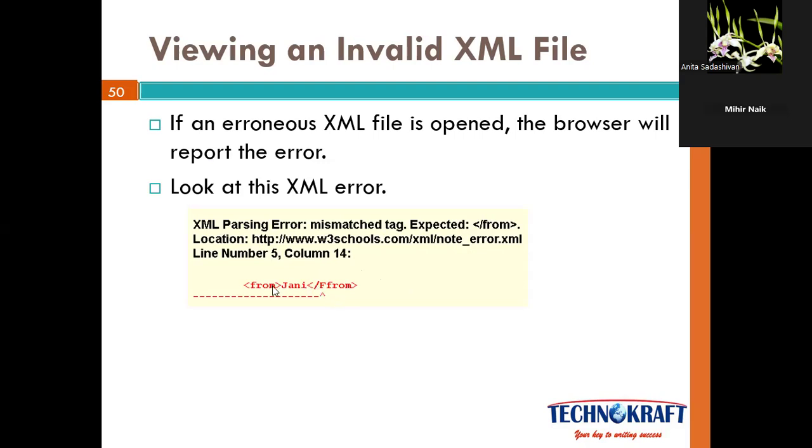If I put an uppercase F here, then it won't throw an error, if you consider it as a new tag. It doesn't understand any program, any language per se. If I put uppercase F here, it will not throw an error.